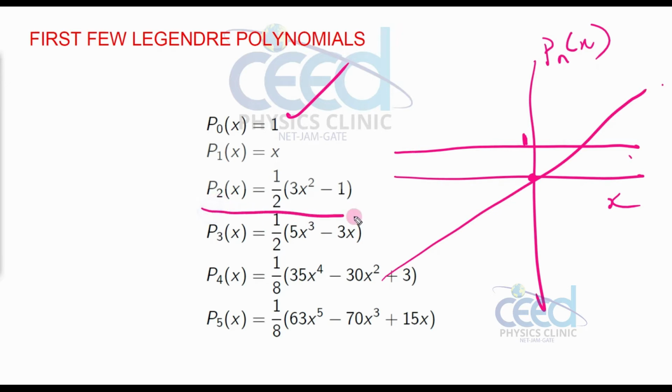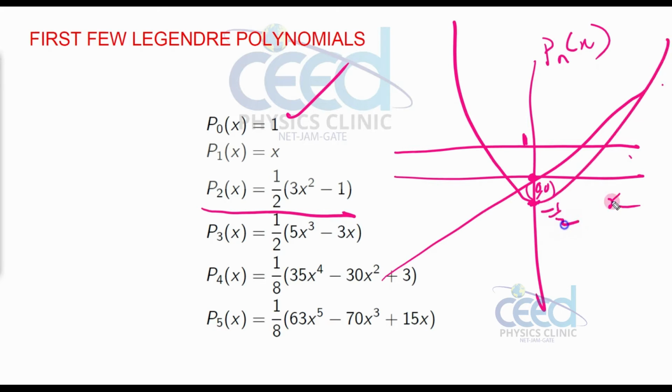And what about this? This is P2 of x. It is a second degree polynomial. A second degree polynomial graph is usually a parabola, right? But its origin is different from the origin of this coordinate system. So you may have a parabola based on this equation. When x is equal to 0, it intersects at minus 1 by 2.